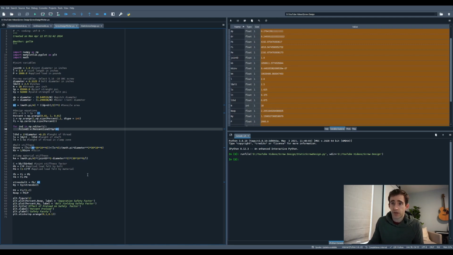And it's the same design equations, except now I'm working in arrays, and then I've plotted the separation safety factor and the bolt yielding safety factor as a function of preload.